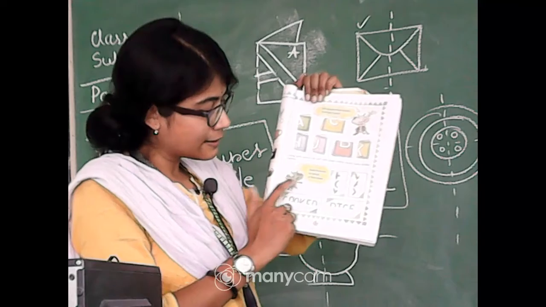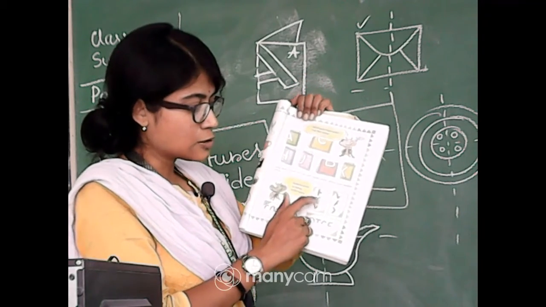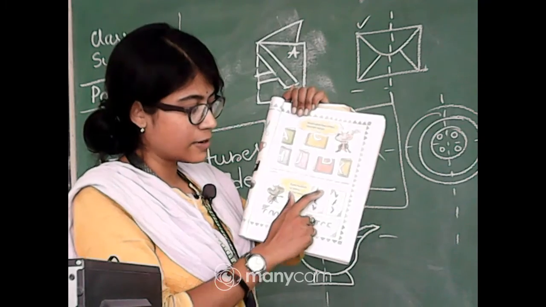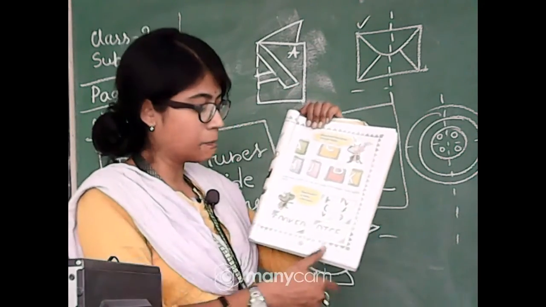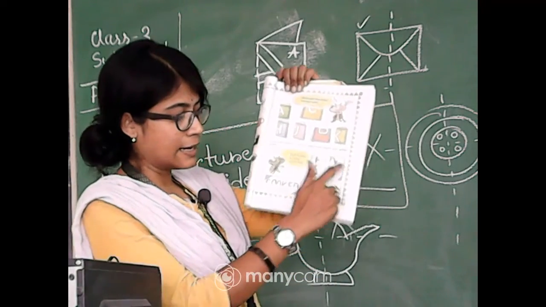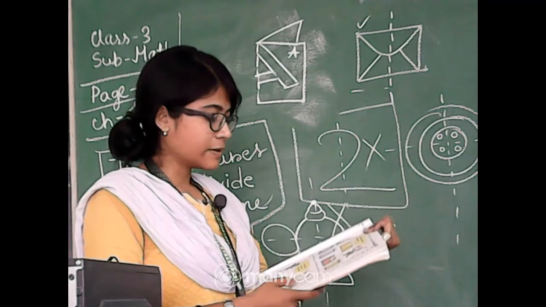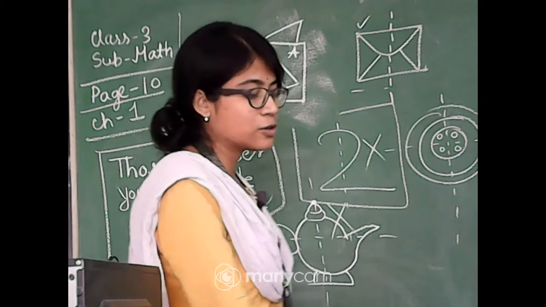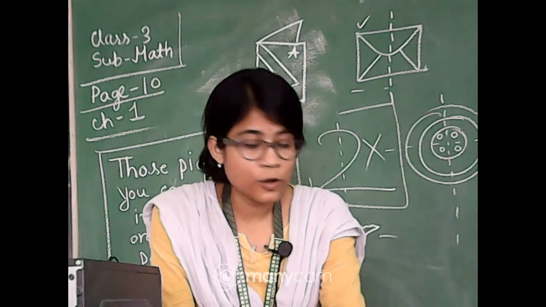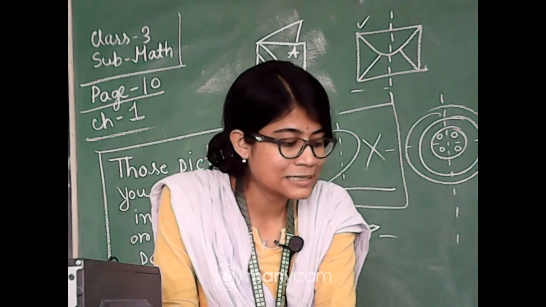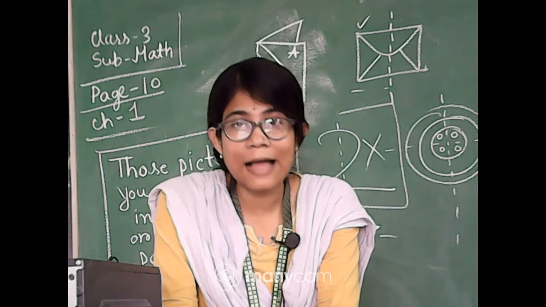And see here, the ant is saying guess the words by looking at their halves. H has been given in a half portion, so you have to complete the other half. Try to do it at home, okay? On the 11th page they have given half of all the alphabets.